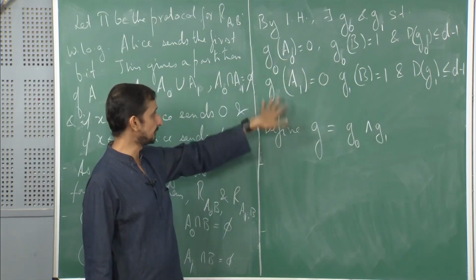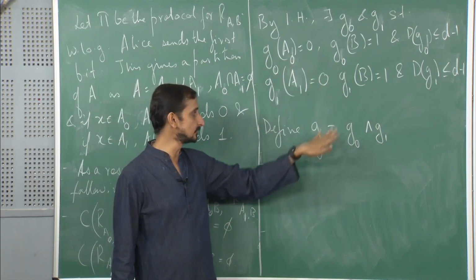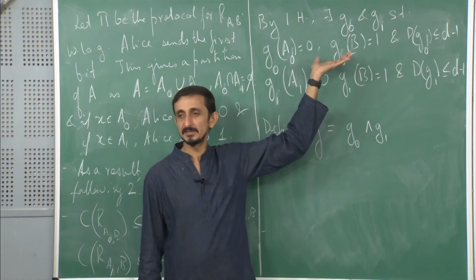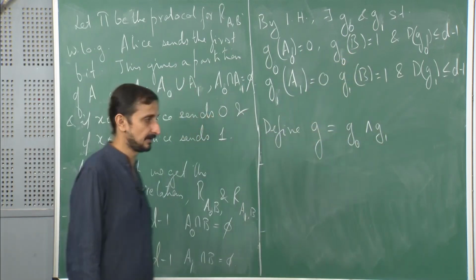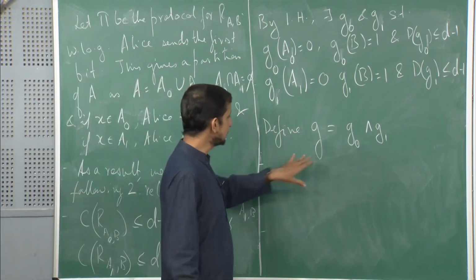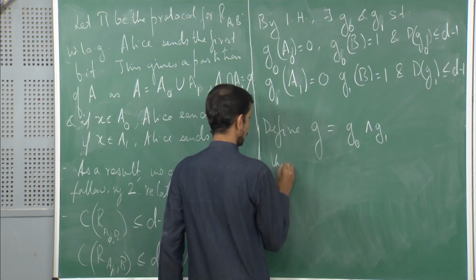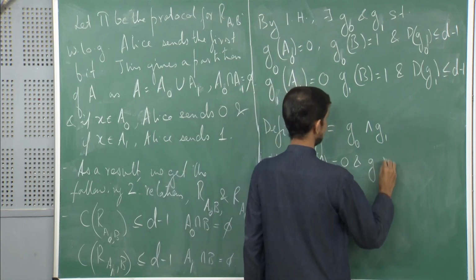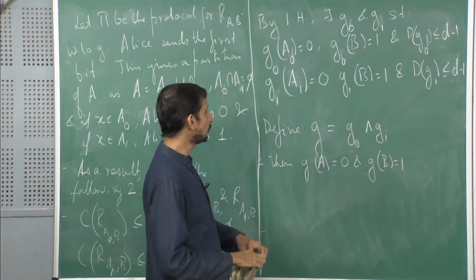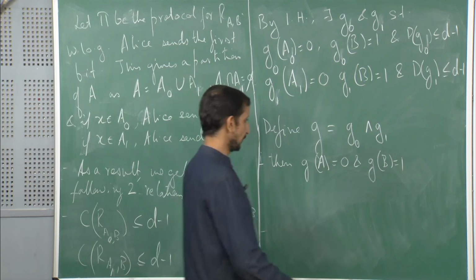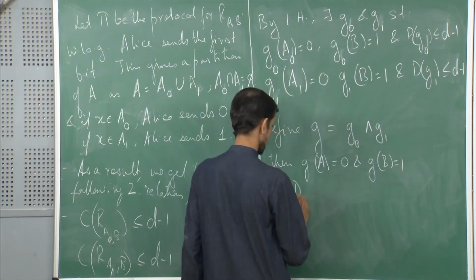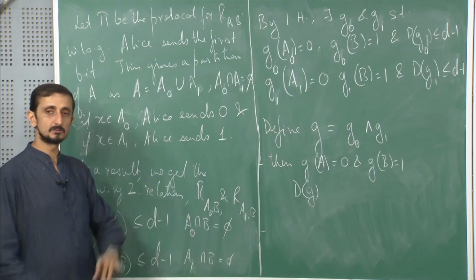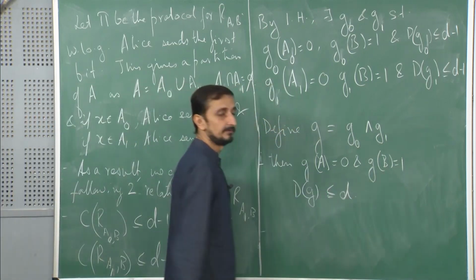So if I look at the AND of both these, on any element of A, G must evaluate to 0, and because B is not changing, it is clearly true there. So G of A is equal to 0 and G of B is equal to 1, because already G0 of B and G1 of B were equal to 1. And the depth of G was whatever was the depth of G0 and G1, which was at most d minus 1, plus one more level. So it is at most d.